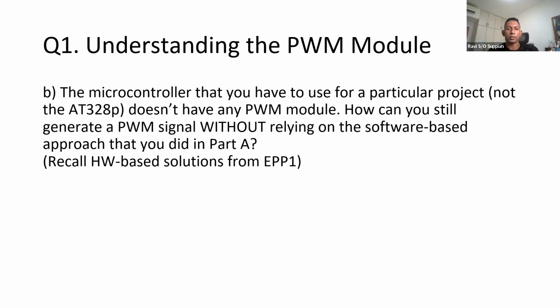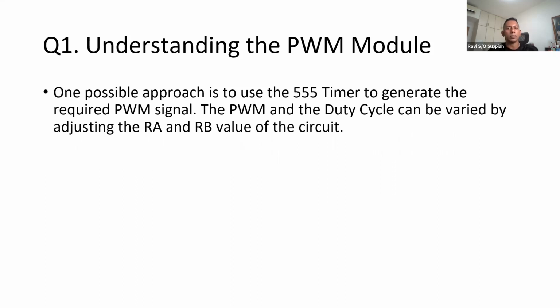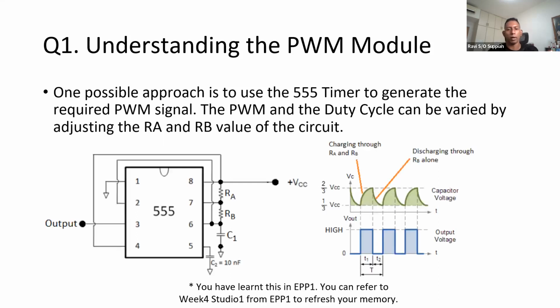One of the options, which most of you should know from EPP1, is your 555 timer. I will not go into the details of it, but if you're interested, you can go back and look at your week 4 Studio 1. Those of you who did not do EPP1, I can share with you the link where we discussed this, some video that I made earlier, and you can have a look.